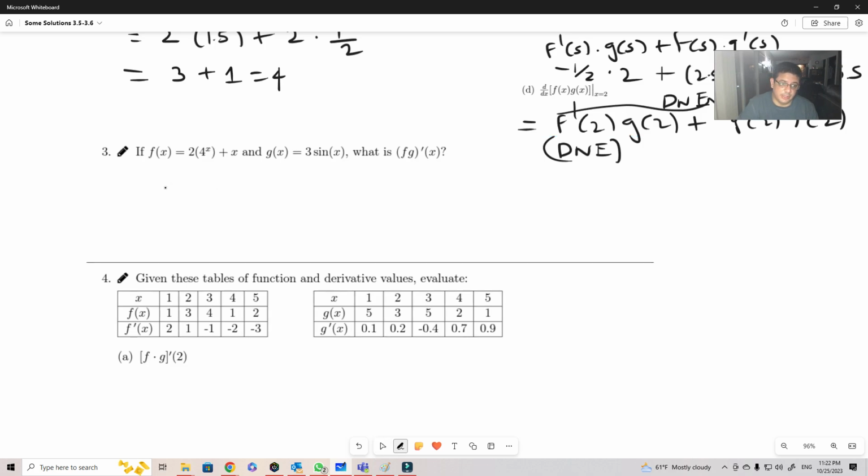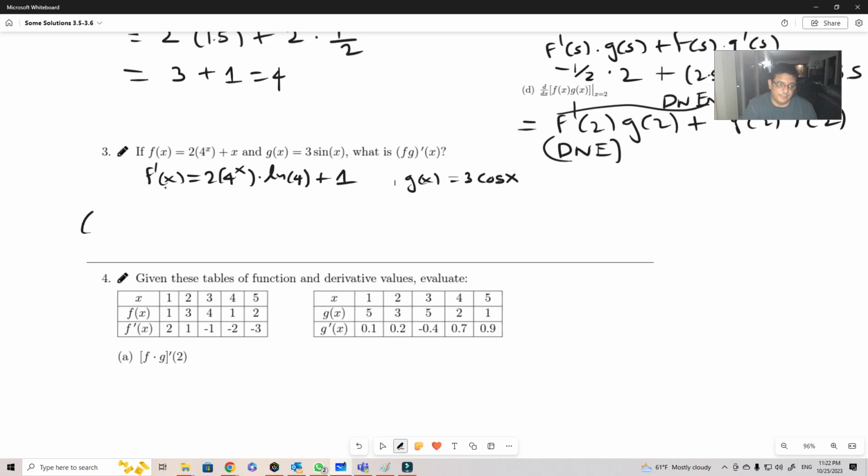Here we can even find the derivatives before we set up the formula. f prime of x is just going to be 2 times 4 to the x, and remember the derivative of 4 to the x is 4 to the x times log of 4, and then plus 1. And then g prime of x is easy, it's just 3 cosine of x.